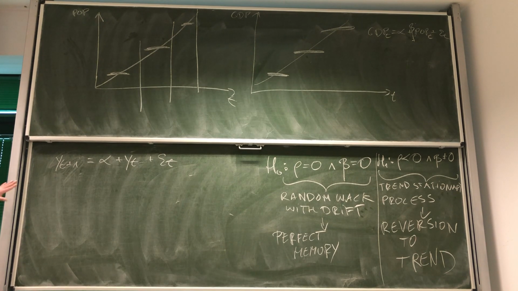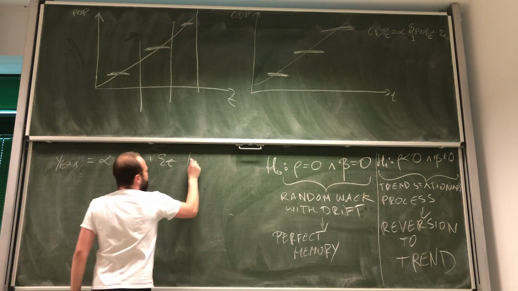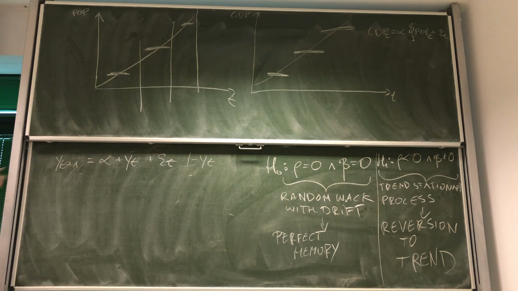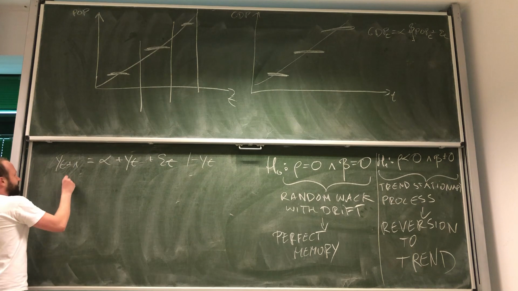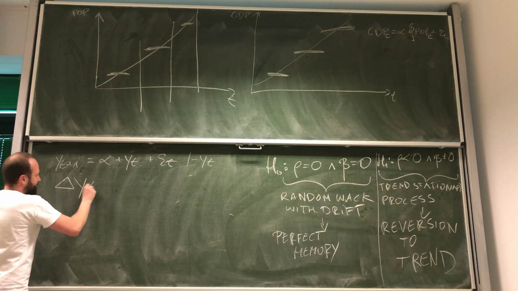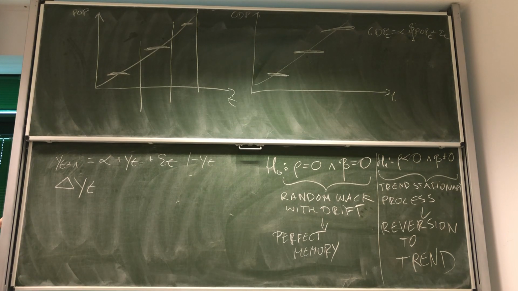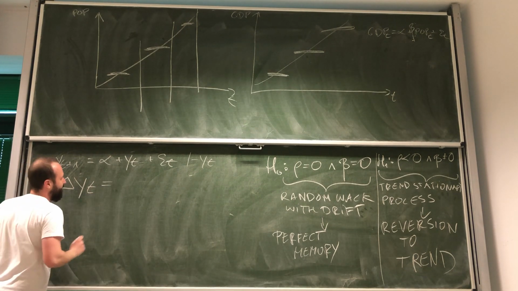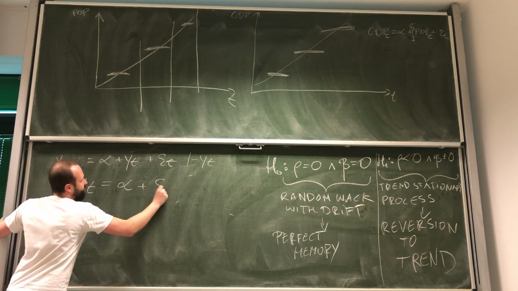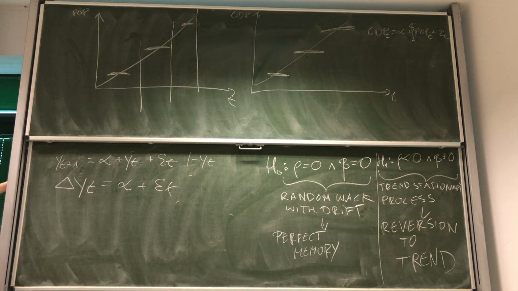Now, look, if I'm going to subtract yt from both sides, we know that this is random walk with drift. What do I get? I get that delta yt is equal to alpha plus et.